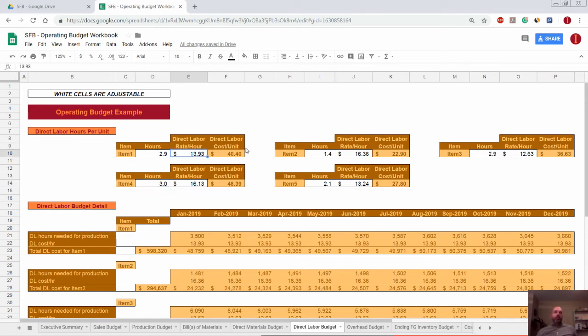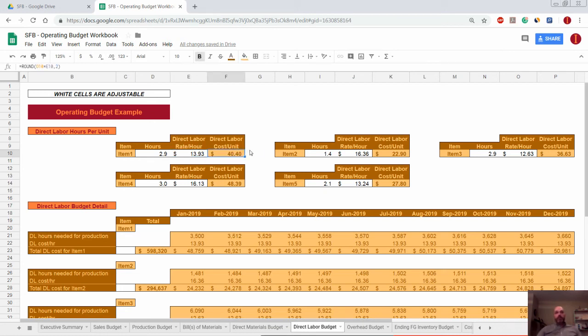Then, of course, the other part that's important is to put in the direct labor cost per hour, and that can vary by item. It'll also probably be an average, like the cost of the direct materials, because over the course of the year, people get raises, people are hired, people leave their job, people are let go, things change. But we want to come up with that standard cost for each particular finished good in terms of labor, just like we did with material.